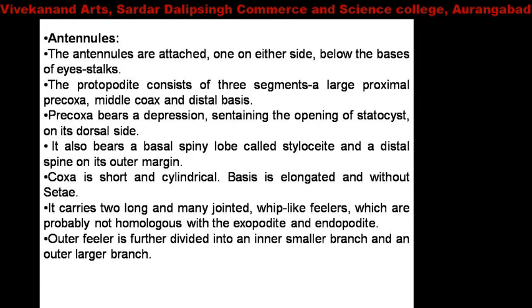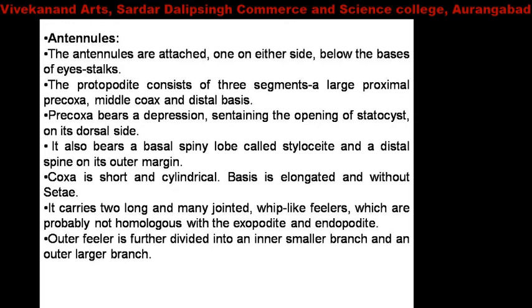Precoxa bears a depression containing the opening of the statocyst on its dorsal side. Statocyst is a sensory organ. It also bears a basal spiny lobe, which is called the stylocerite, and a distal spine on its outer margin. Coxa is short and cylindrical in shape.